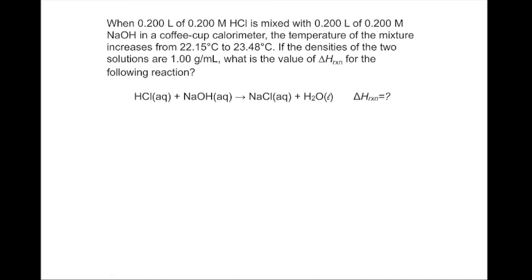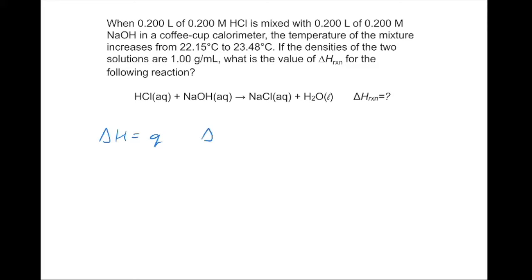So one thing we have to realize with any calorimeter problem is we are going to be measuring the temperature change of the surroundings, but we want to relate that to the temperature change of the reaction itself. From the previous video and earlier parts of this chapter, we know that delta H equals Q, but it depends what delta H we're talking about.